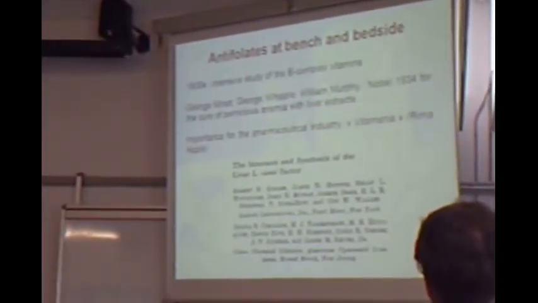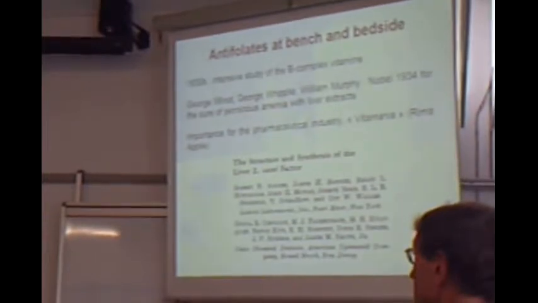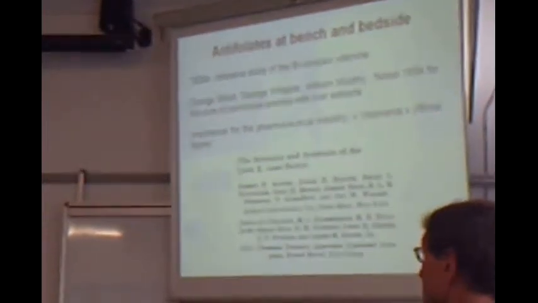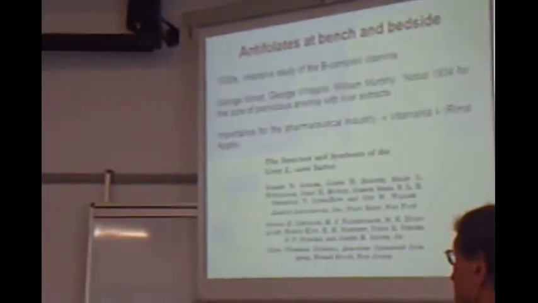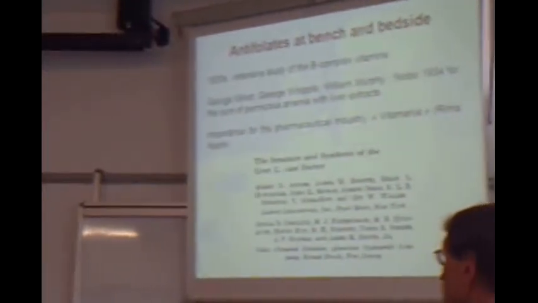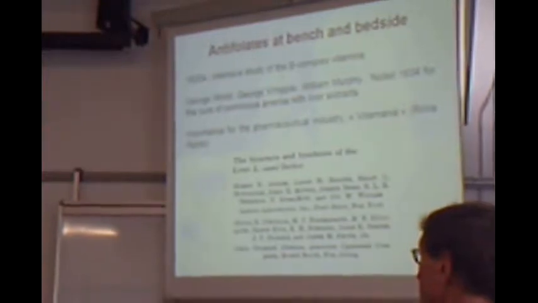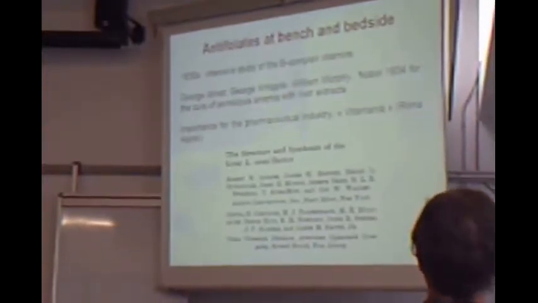And this is when the story rejoins the thread of anti-metabolites, because once the chemists of Lederle Laboratories had the structure of folic acid, they could use the theory to try to synthesize antifolates, anti-metabolites of folic acid.